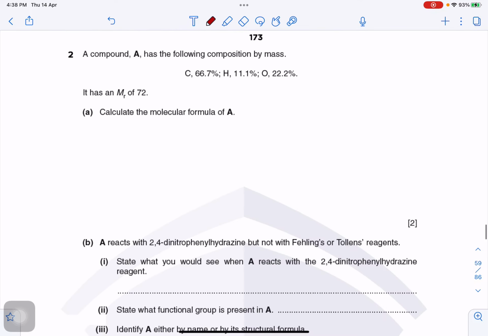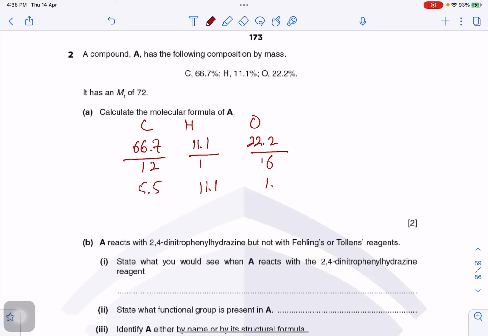Okay. A compound A has the following composition by mass. It has an Mr of 72. Let's figure it out. So we'll just list all of that. Carbon, hydrogen, oxygen: 66.7, 11.1, 22.2. Divide that all by their Ars, not Mrs, Ars. And that gives me 5.5, 11.1, 1.388.